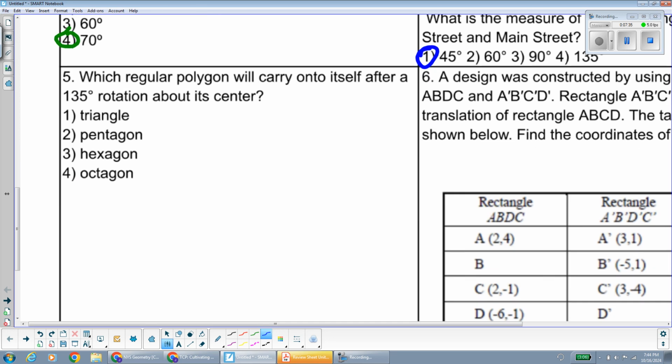Which regular polygon will carry onto itself after a 135-degree rotation about its center? So this is rotation symmetry. And remember, we talked about how you could find rotation symmetry by taking a full rotation and dividing by the number of angles or sides that there are. So for the triangle in answer choice 1, a 120-degree rotation around the center would bring a regular triangle to itself.